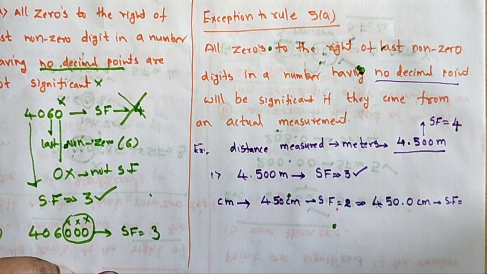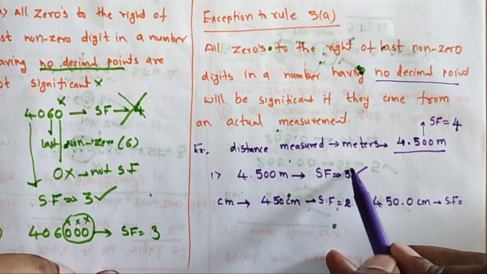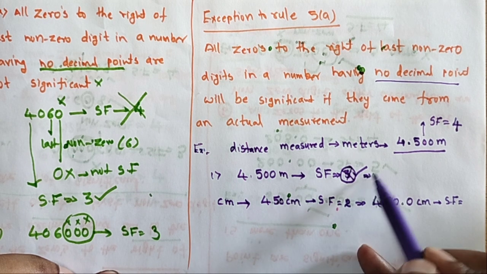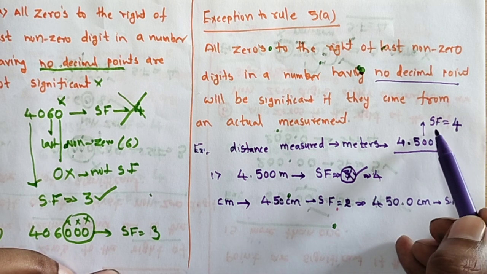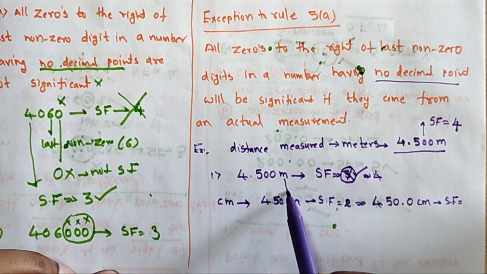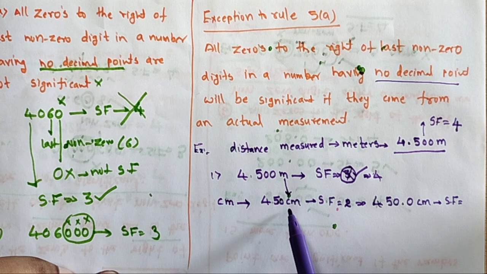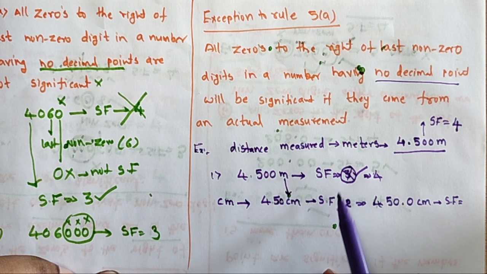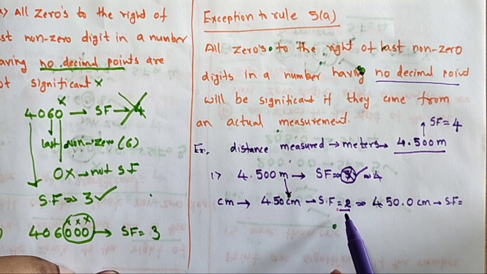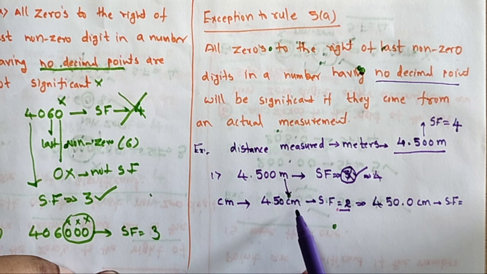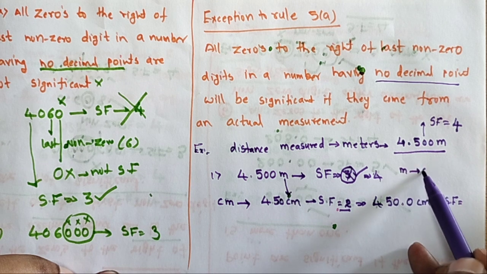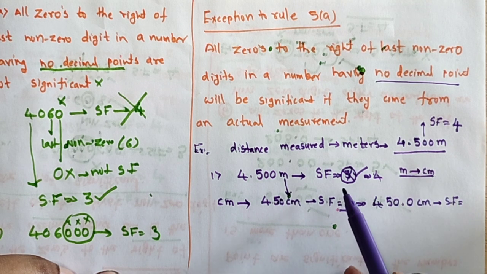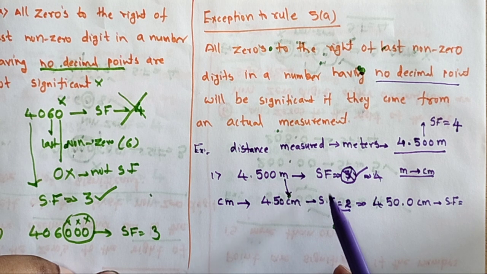Sorry, actually it is not a 3. It is 4 significant figures. So the distance is measured in meters, 4.500 meters. What is the significant? 4. But when the meter is converted to centimeter, generally 450 centimeter, both are the same, but then the significant figure according to the above rules is 2. Since meter is converted to centimeter, both are the same, similarly the significant figure should also be the same.